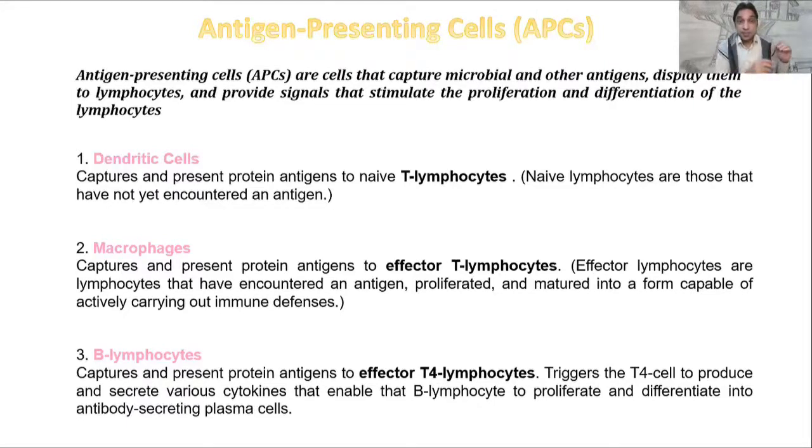But once the dendritic cell communicates that information to the T cell, that naive cell will proliferate and differentiate, and now it will become like a mature T cell. It will start producing other cells, I call them effector cells.